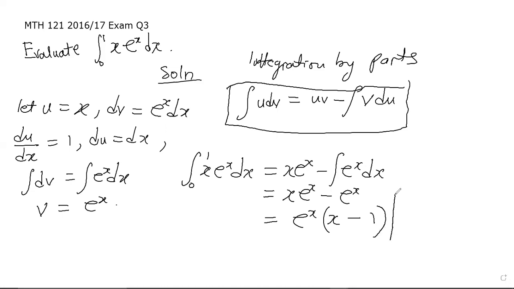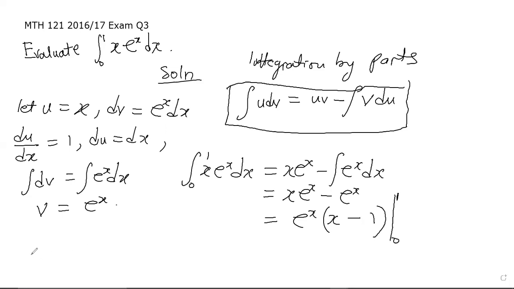All this, and still you have to introduce your boundary from 0 to 1. We've successfully integrated, but we have not applied the boundaries. We have to apply these boundaries to see what it will finally give us.